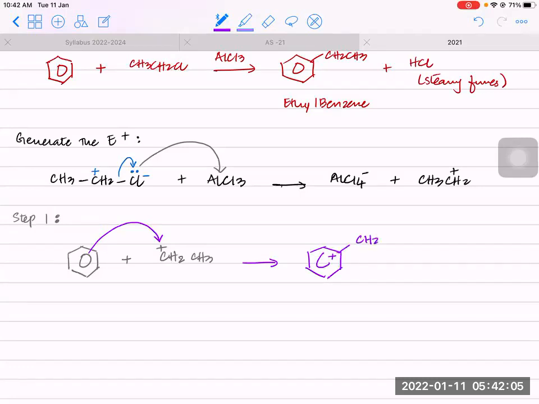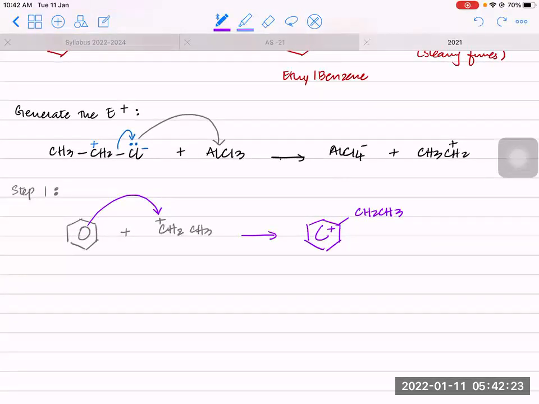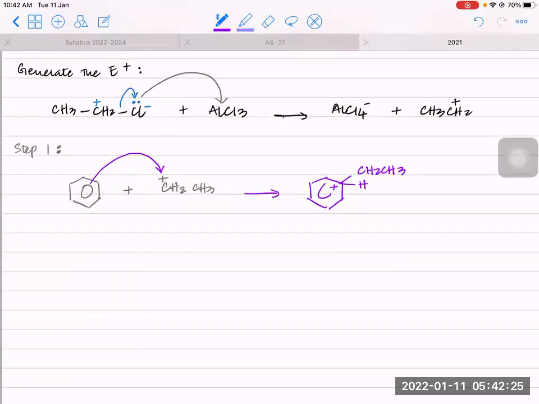So your CH2CH3 will attach here. Make sure you attach the electrophile, the positive part, to the benzene ring. Don't write CH3CH2 over here. It will be the positive part that attaches to the benzene. And you have an H here.